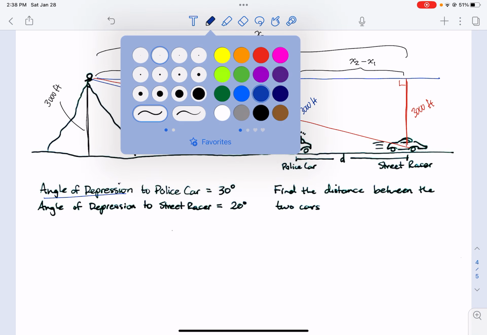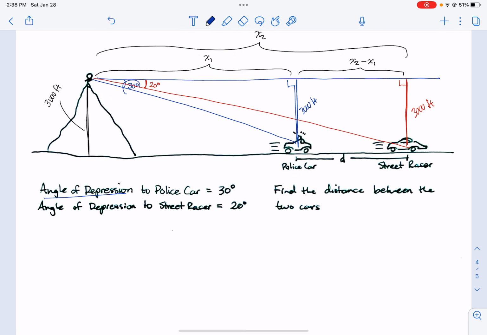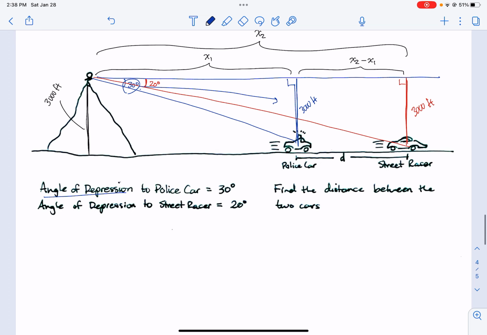So I'll do this blue triangle first. Here's my angle. Go across. This is my opposite side. Here's my hypotenuse. So x1 is my adjacent side. I want x1, and I know what my opposite is.